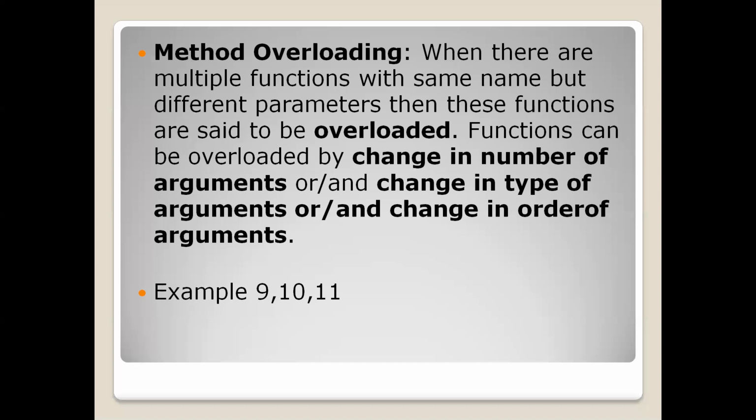If there is a change in any one of these three, that means number, type, or order, then we are going to achieve function overloading. That means we are going to achieve static polymorphism or compile time polymorphism. So let us move to the programming and see how we can overload a function.